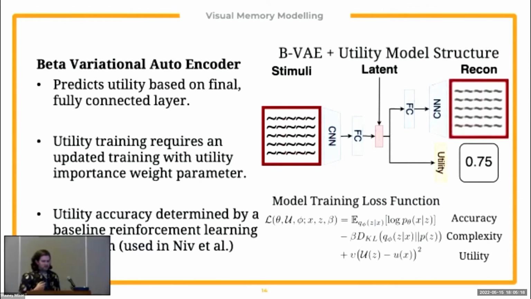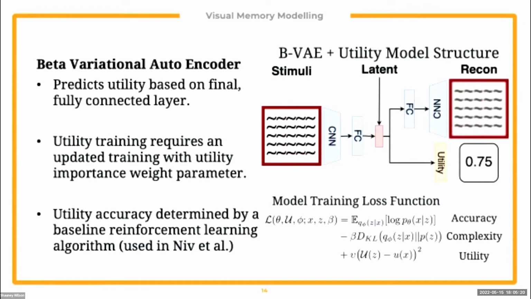This requires a source of utility ground truths for this error calculation, which for the results that I'll show later is just the best performing reinforcement learning algorithm from the original Nivedal paper. But that reinforcement learning algorithm is based on handcrafted features, such as the category of the shapes, instead of the visual information of the actual stimuli.